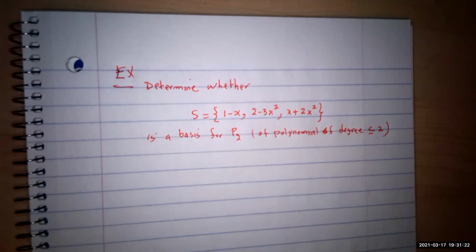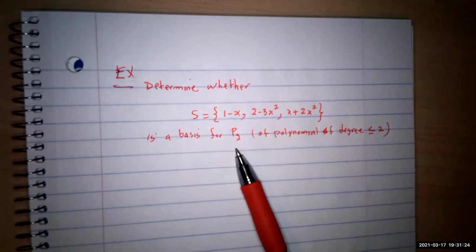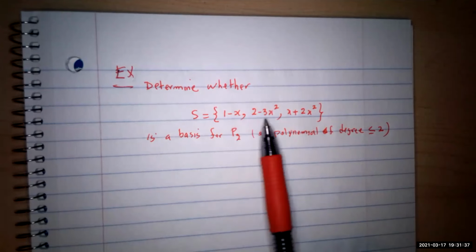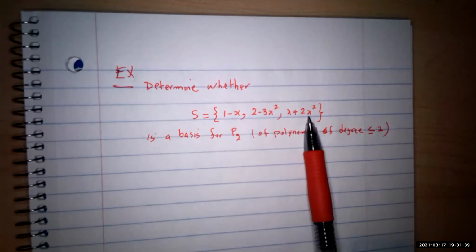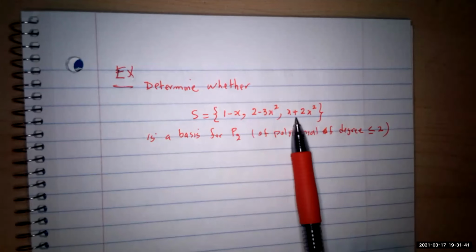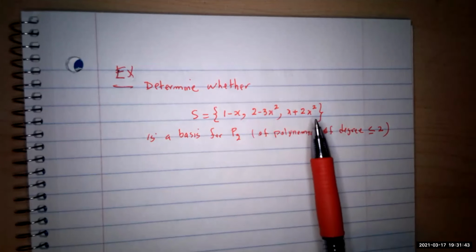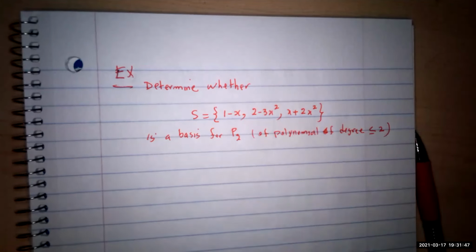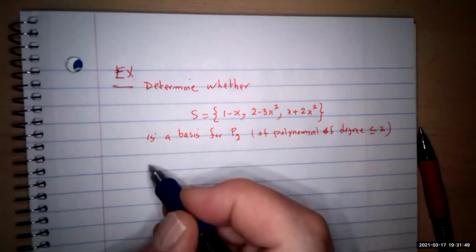Now again, we already talked about it: the dimension of P2 is equal to 3. Remember, for polynomials of degree n, you get n plus 1. So if you have a set of 3 vectors, that set would be a basis if they are linearly independent. So this is going to be the solution.